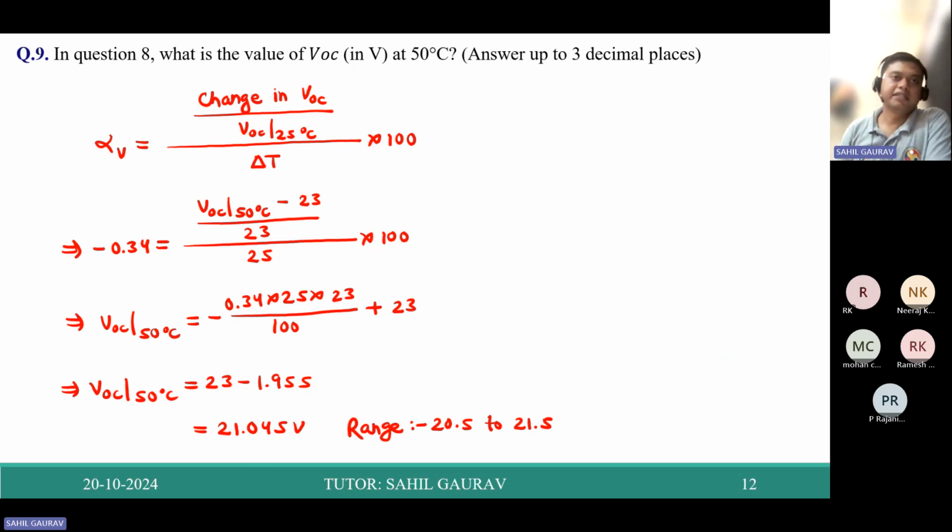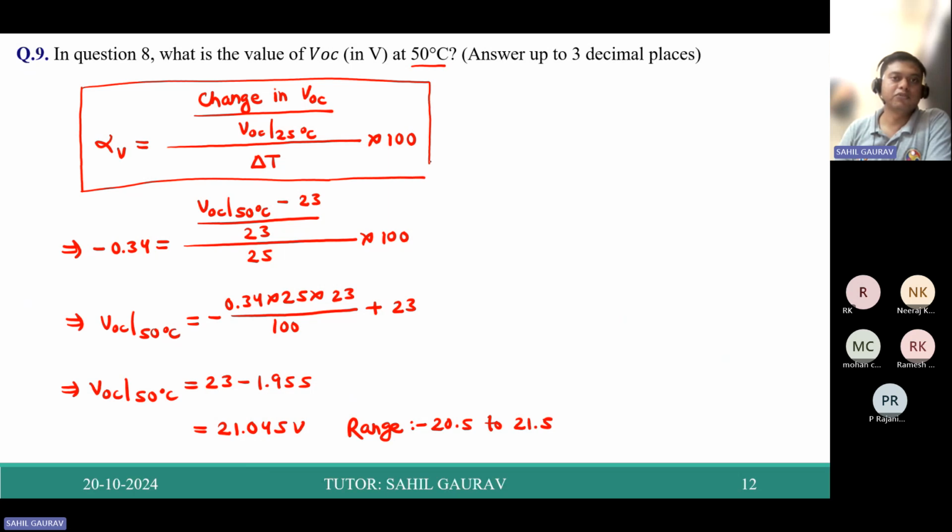Similarly, they have asked in the next problem, what is the value of open circuit voltage at 50 degrees Celsius? So again, you apply this expression for voltage. Voltage coefficient value will be change in VOC upon VOC at 25 degrees Celsius upon delta T into 100. So VOC at 50 degrees Celsius you have to find, and this VOC at 25 degrees Celsius is given as 23 volt.